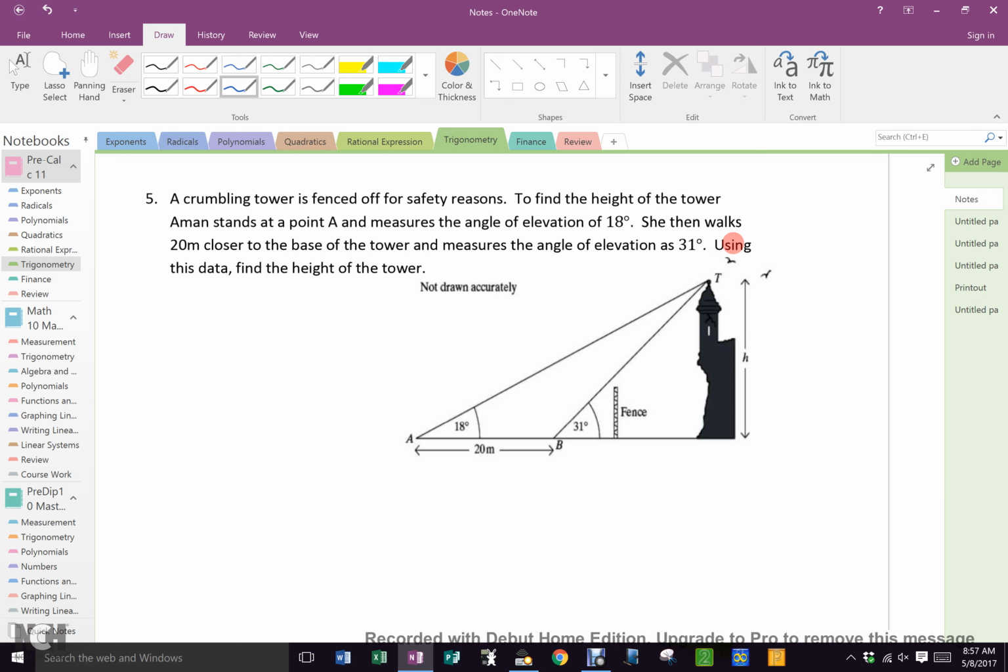All right. How are we going to do this? We're trying to figure out the height of the tower, but I can't get close enough to measure it. See, if it were me, I would want to climb up here, right? And then rappel down here, and then measure the chord. But I can't because it's been fenced off for safety reasons.